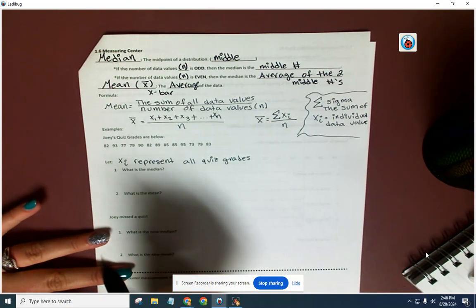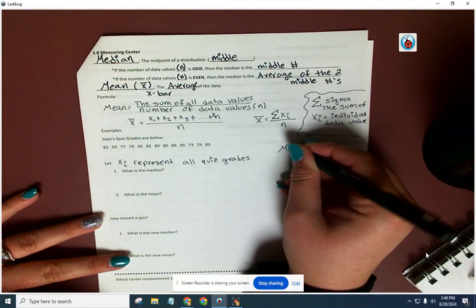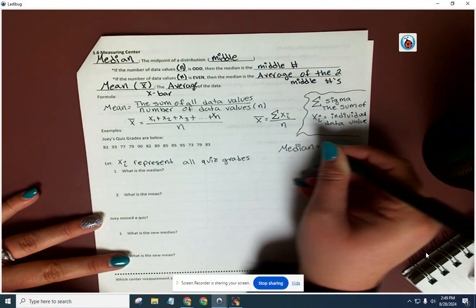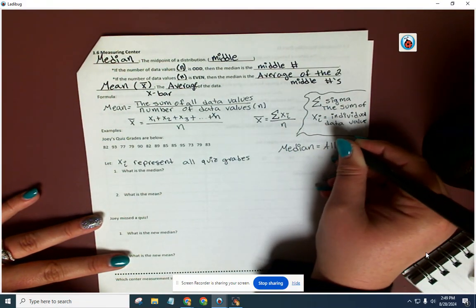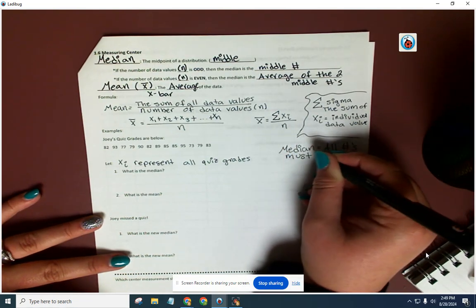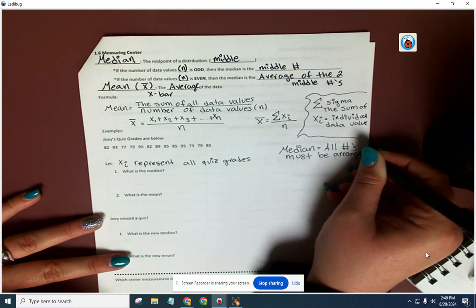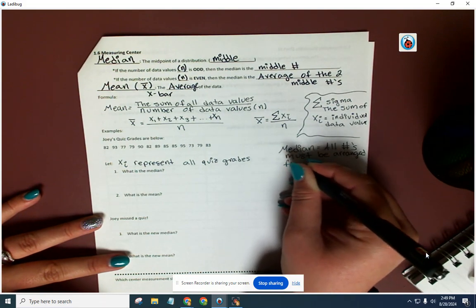And we're going to find the median. In order to find the median, all numbers must be arranged from least to greatest.